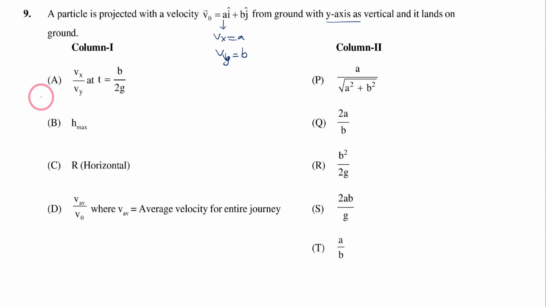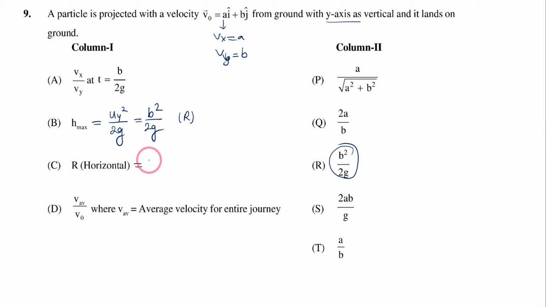So we have to match A, B, C, D like this. First, if we talk about h, the formula of Hmax is uy square upon 2g, and uy means B. So B square upon 2g. So its answer is R, right? Then B square upon g.